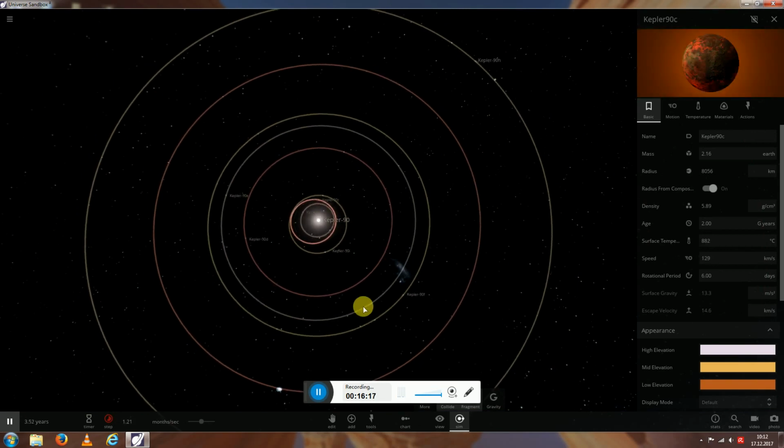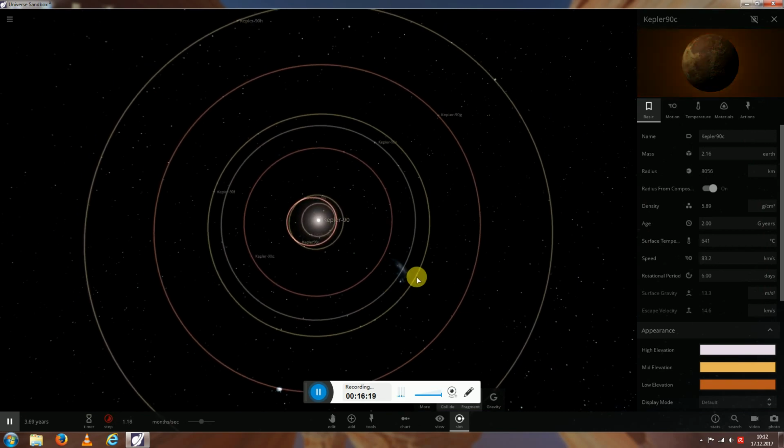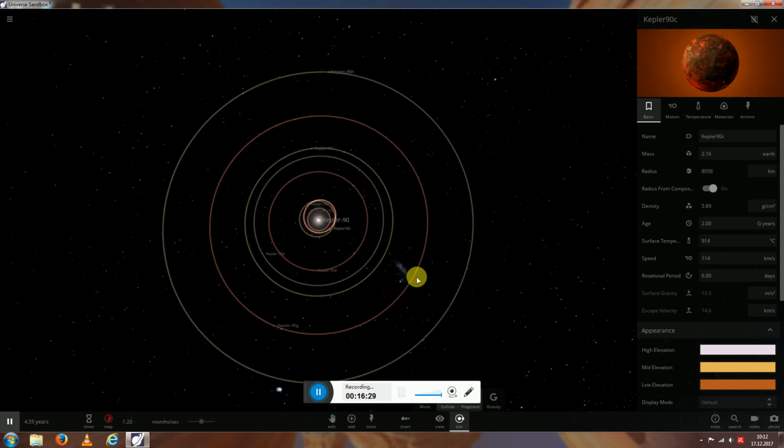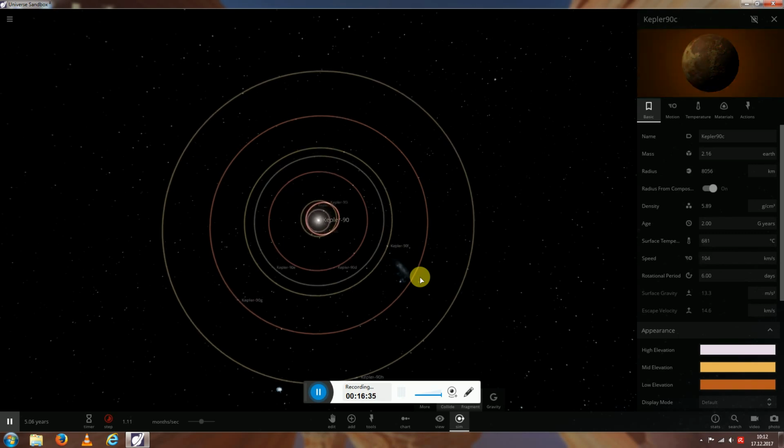Now let's see about the other planets. Let's see if their orbits are stable, and it seems that maybe they are. It's just Kepler 90c that's a bit out of whack for now.